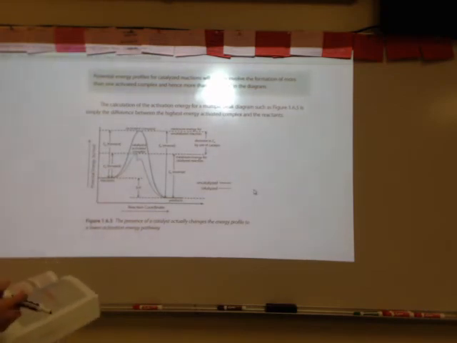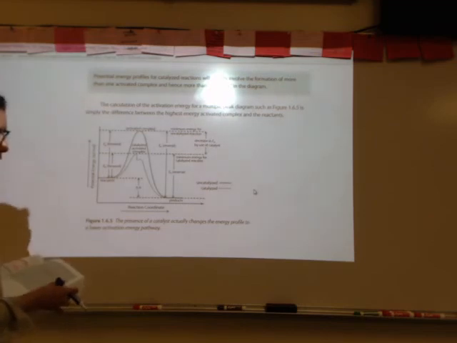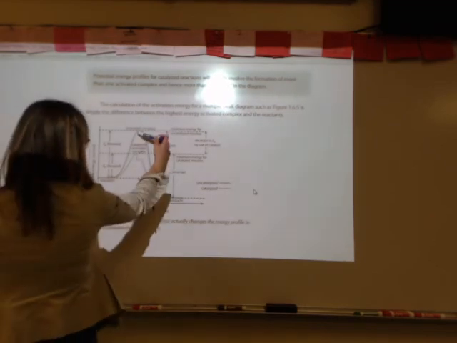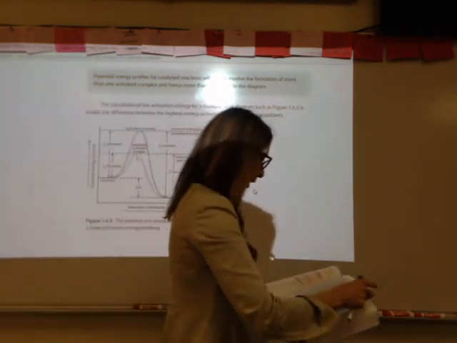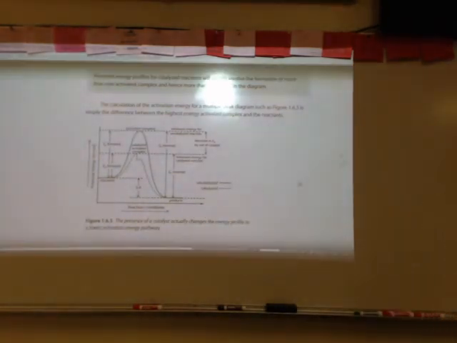So potential energy profiles for catalyzed reactions usually involve the formation of one or more than one activated complex, so that's why you see more than one peak. So you'll notice that my activation energy came down for that dashed line that has the catalyst present, okay?